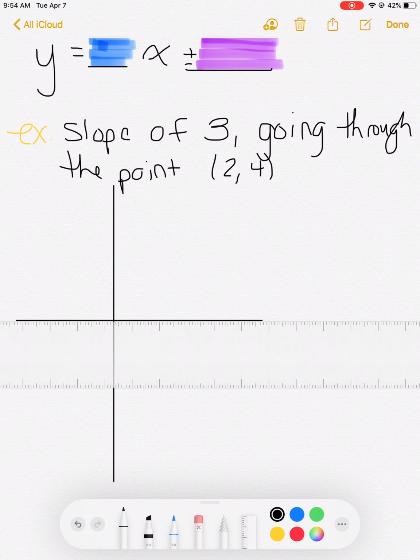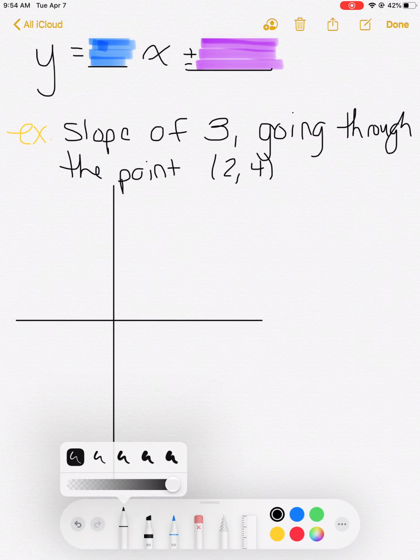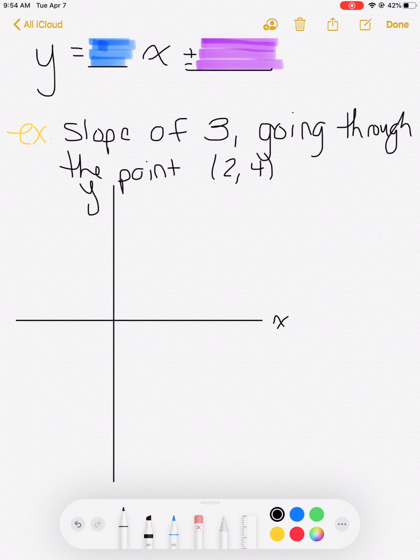Again, not to scale, so don't bug me on that. A slope of 3 going through the point (2, 4). This is my x, this is my y. 1, 2, 1, 2, 3, 4. So this point is going to go here. That's my (2, 4).